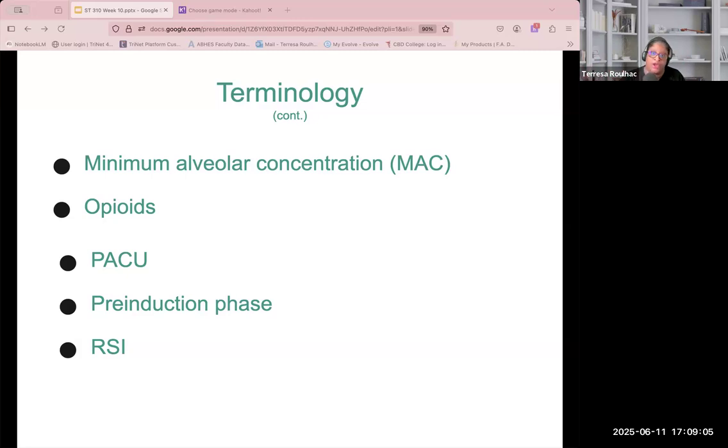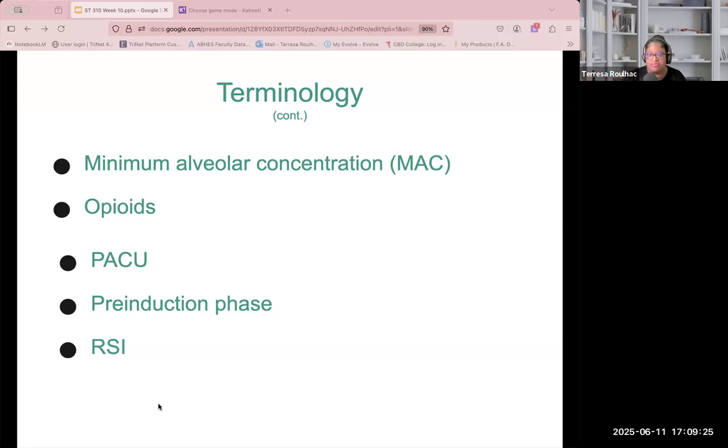And then when we're done with our case, our patients are going to go to none other than the post anesthesia care unit, better known as the PACU. The pre-induction phase starts when the patient comes into our suites. It ends when the anesthesia is administered in the operating room.